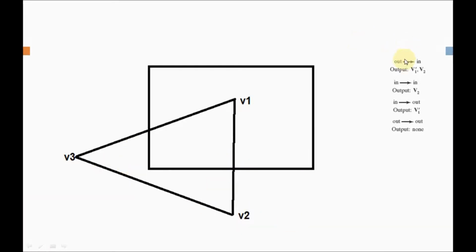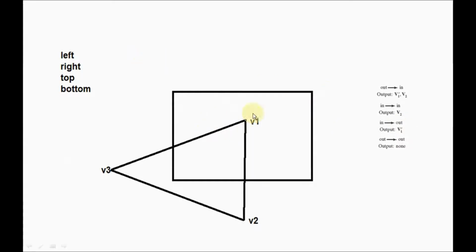Along with that, I am considering the conditions, the cases. I already told you, these 4 cases I am considering here. So this is my polygon and these are the 4 cases. Along with that, I have to consider the sides also: the left side, right side, top side and the bottom side.